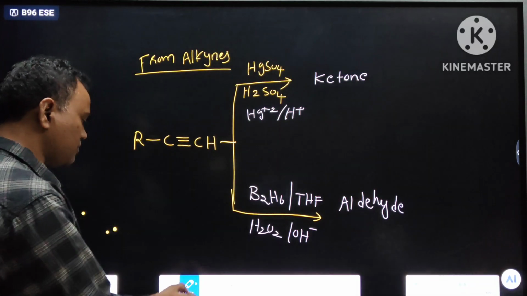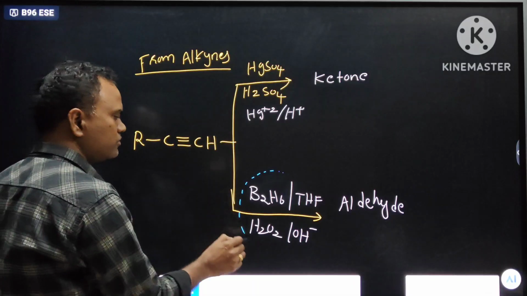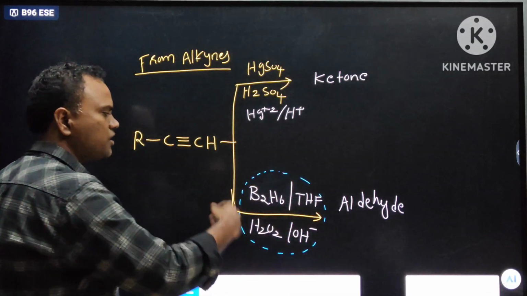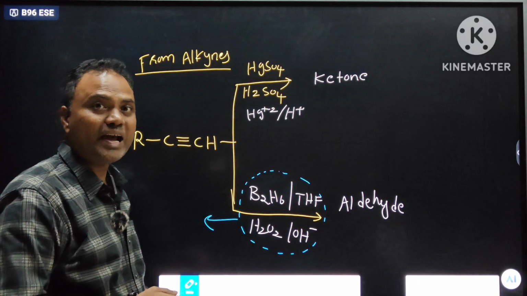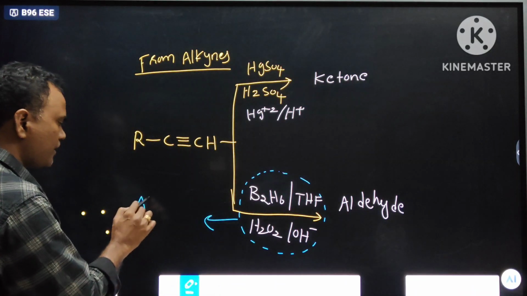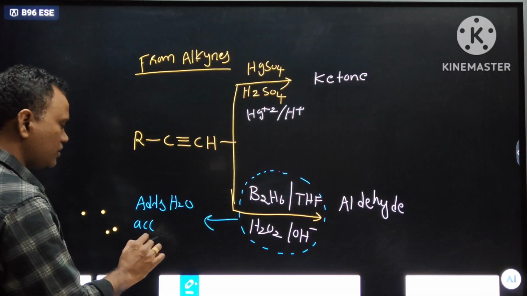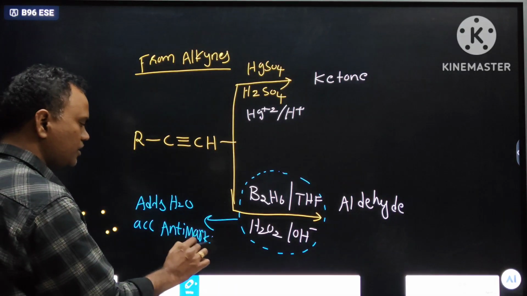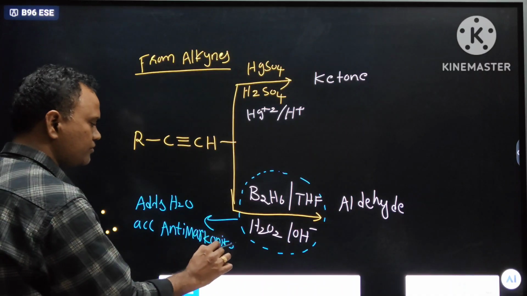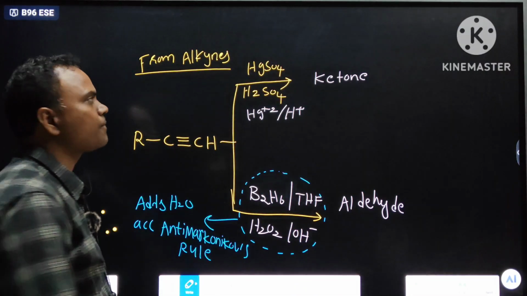Let us see the mechanism clearly. Write the rules first. This entire reagent adds H2O to alkyne according to anti-Markovnikov's rule.